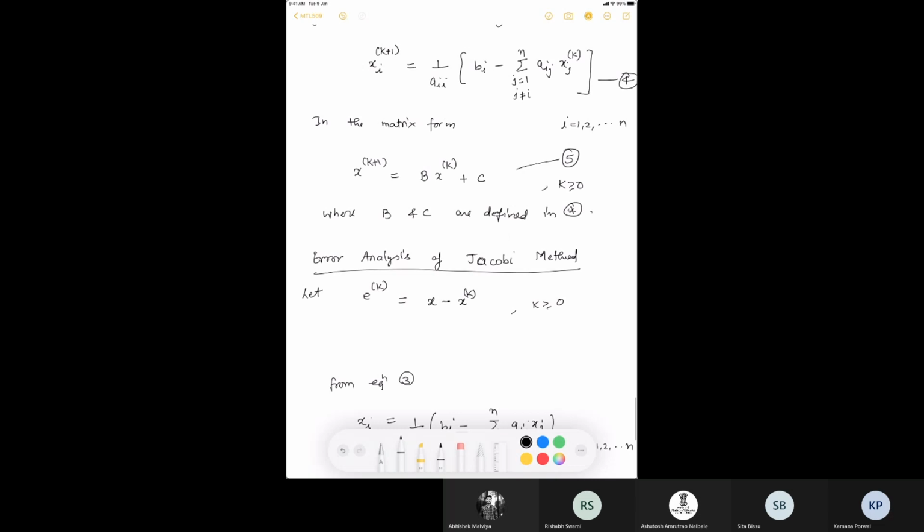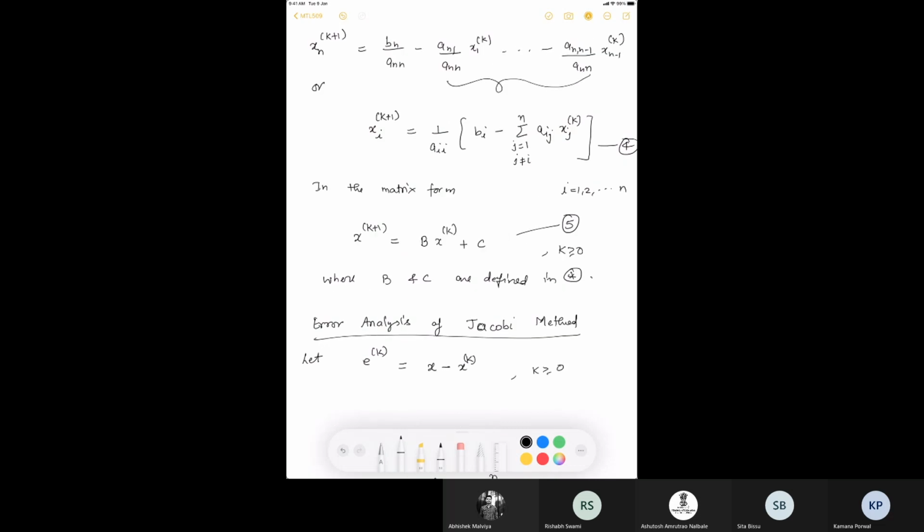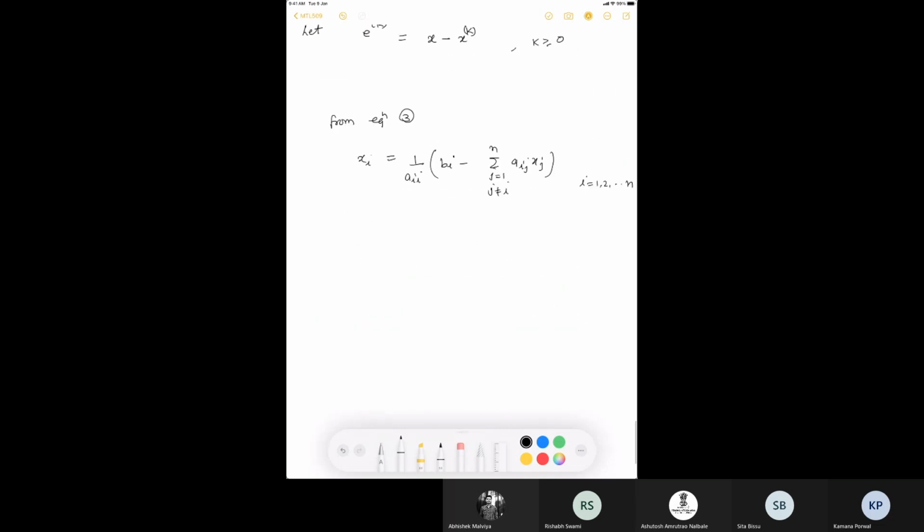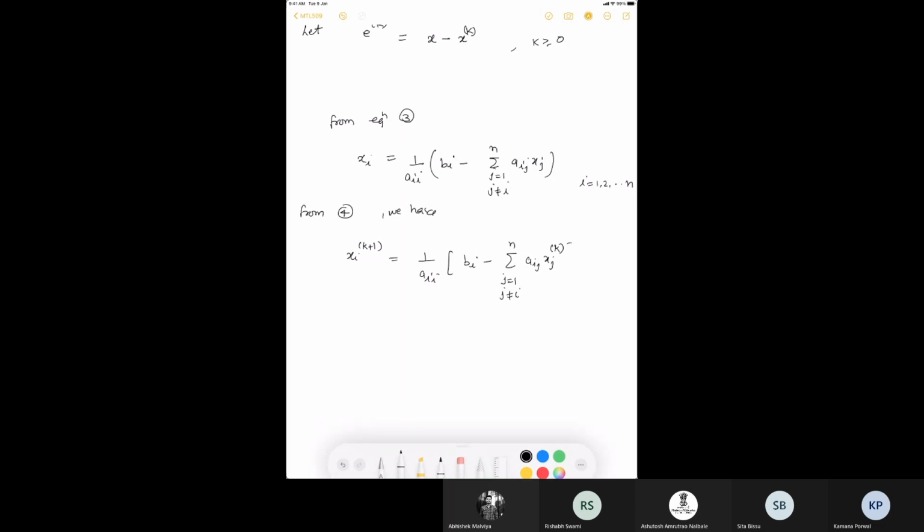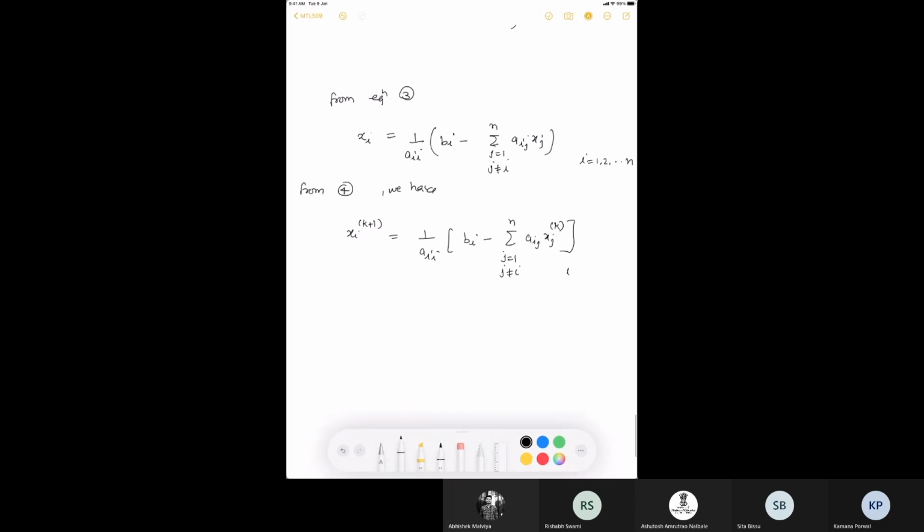And we have got that the k plus 1 iteration satisfies this equation 4, right? So from 4, we have that the k plus 1 iteration is, with the summation here of aij xj, but now these xj's are from the kth iteration. And this holds for each i.